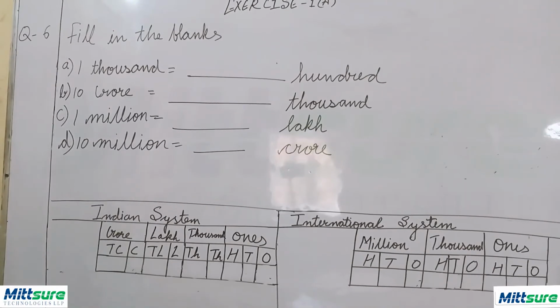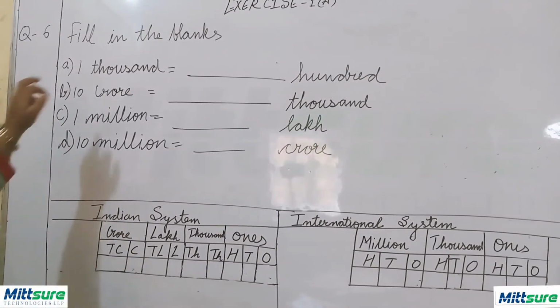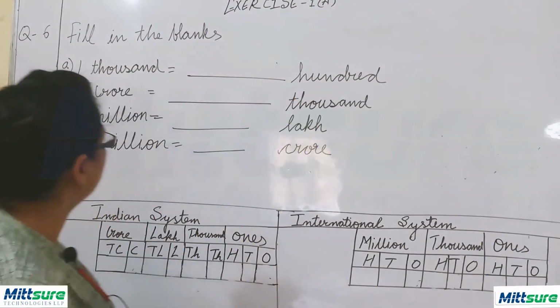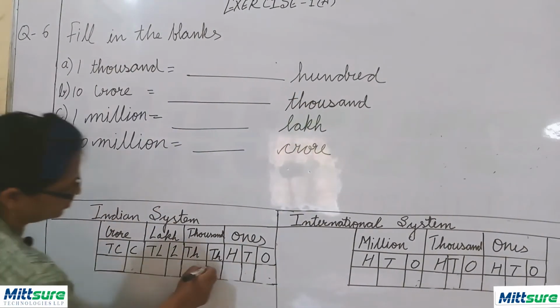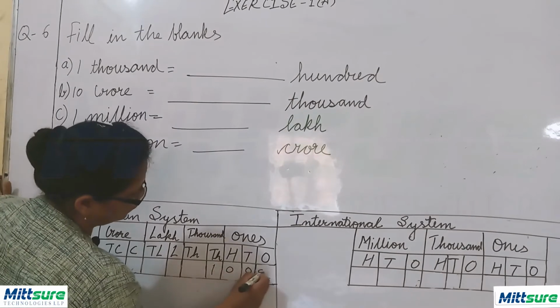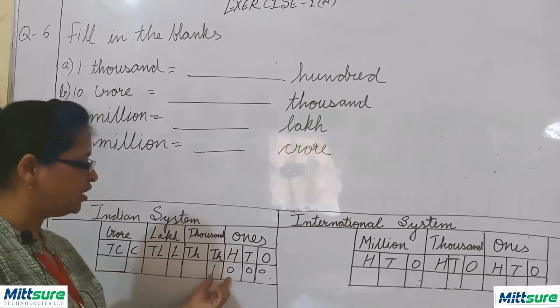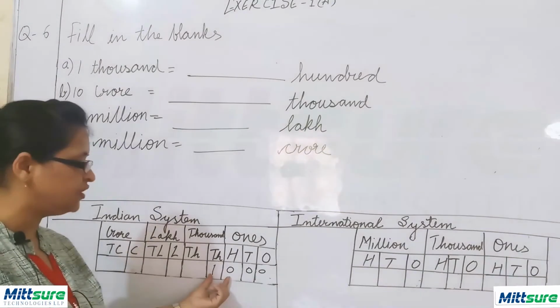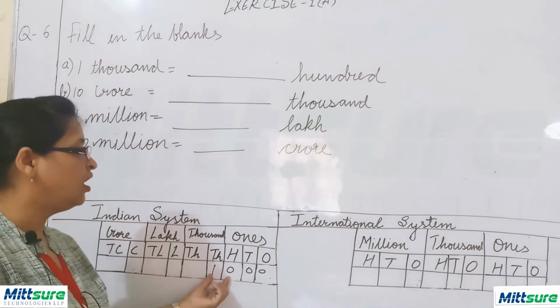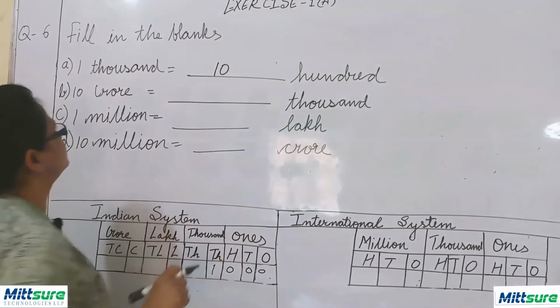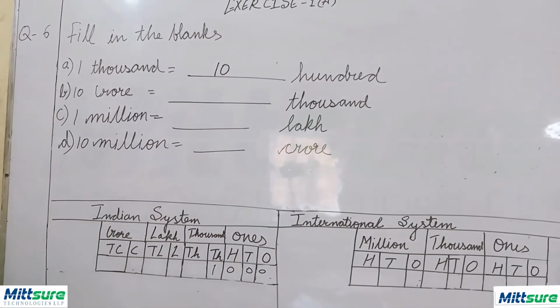Question 6 is fill in the blanks. A: 1000 equals to dash 100. If I write 1000, then I have to observe how many 100s are in this. It is 10 hundreds. So I can write here 1000 equals to 10 hundreds.